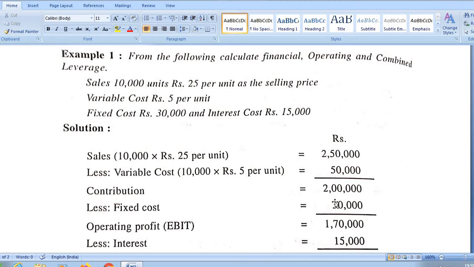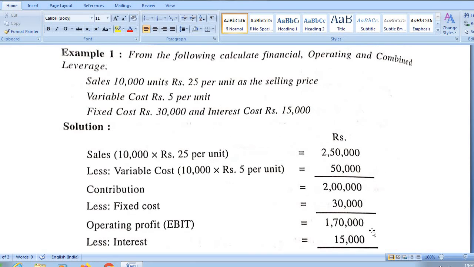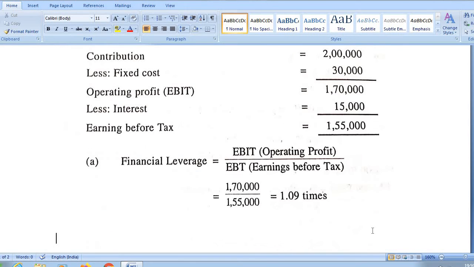So that is 30,000. You will get operating profit, that is EBIT, of rupees 1,70,000 less interest. Interest is given in the question, which is 15,000. If you deduct 15,000, you will get 1,55,000 earning before tax.